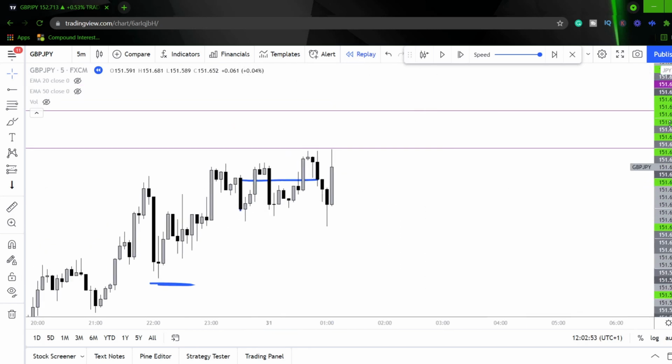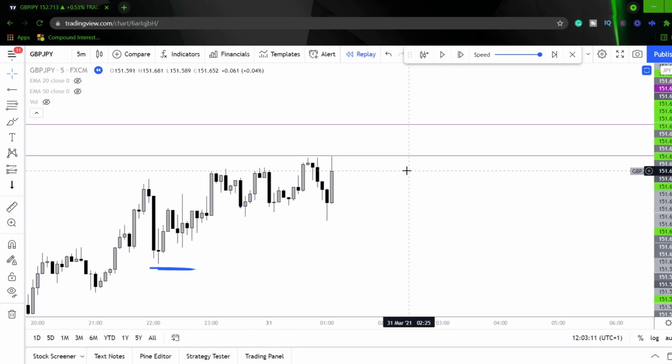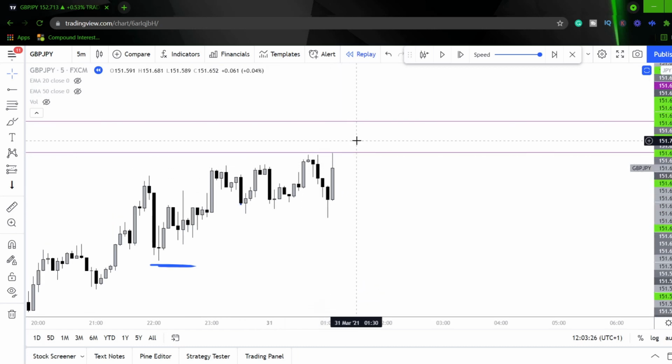Okay, so the point of understanding order flow, or the point of this video, is to help you understand that price uses areas of liquidity to generate positions to then move price into other untapped areas of liquidity, in turn generating more liquidity, right?